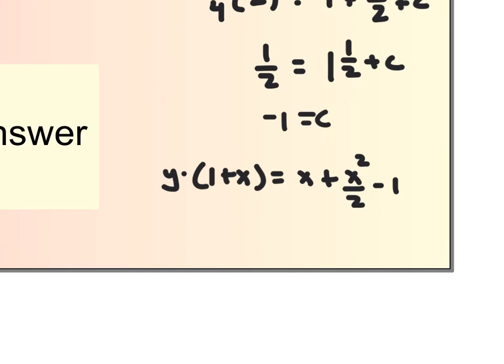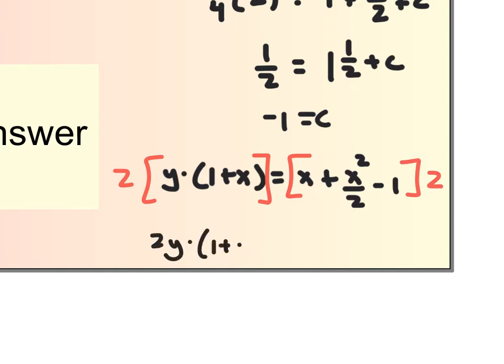What I would probably do here, just to clean this up a tad, is multiply both sides by 2. On the left it makes it less simple, but on the right it'll simplify it, and I'll get x squared plus 2x minus 2.